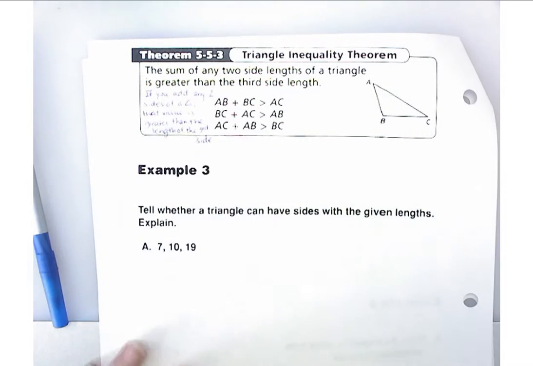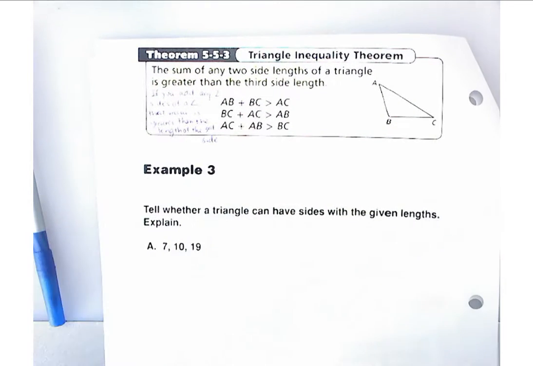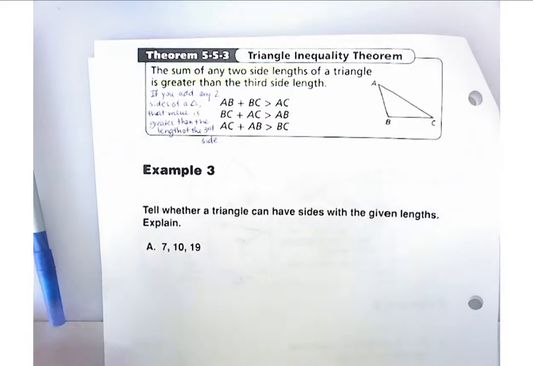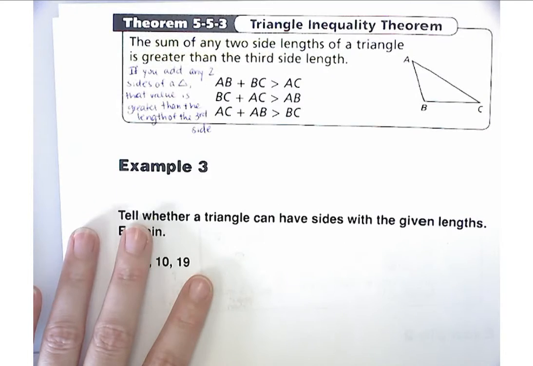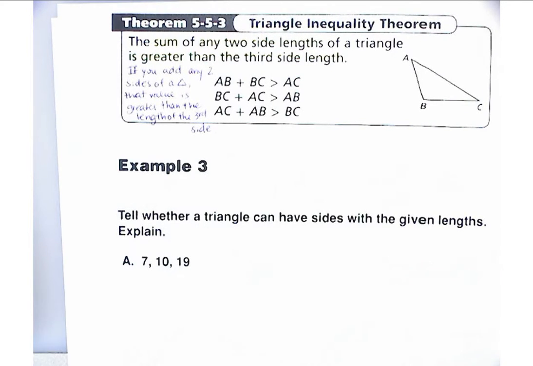So a triangle has 3 sides. You should be able to take any 2 of those sides, add them up, and it will be greater than the third. Again, if that doesn't happen, it's not going to be a triangle.